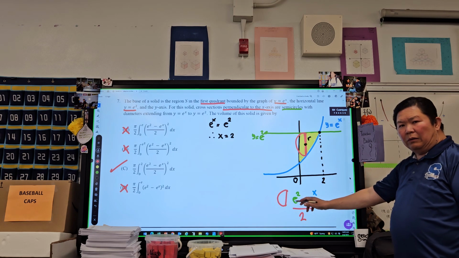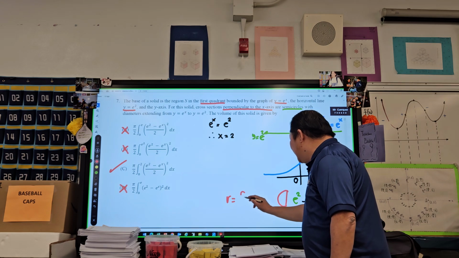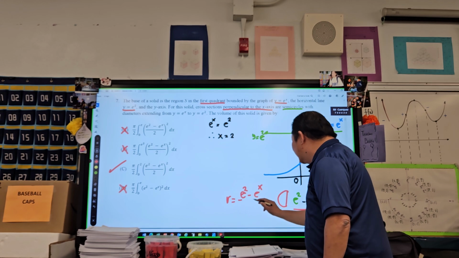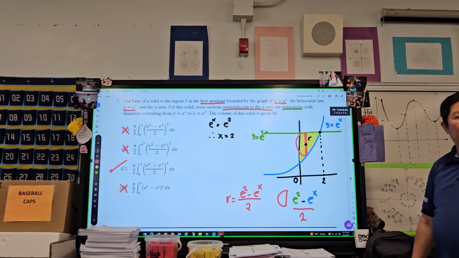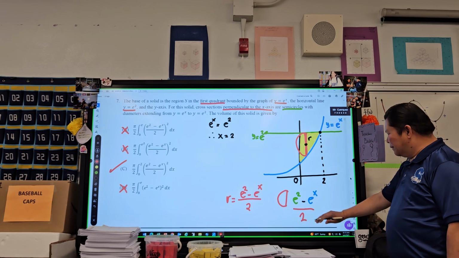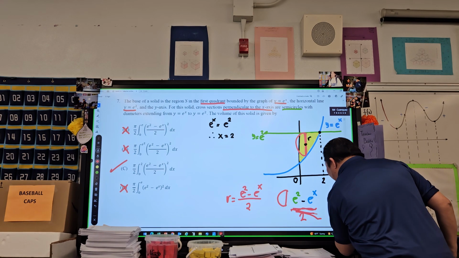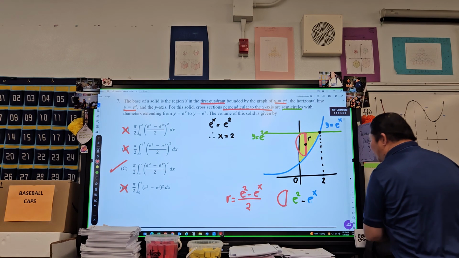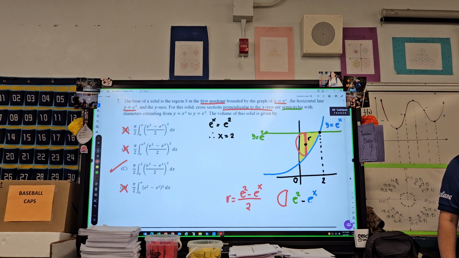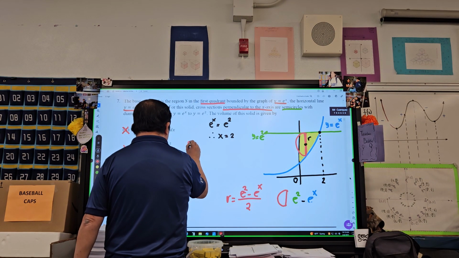So the radius, this is the radius. The radius is e to the power of 2 minus e to the power of x, over 2. That's our r, the radius. So we have the integral from 0 to 2.